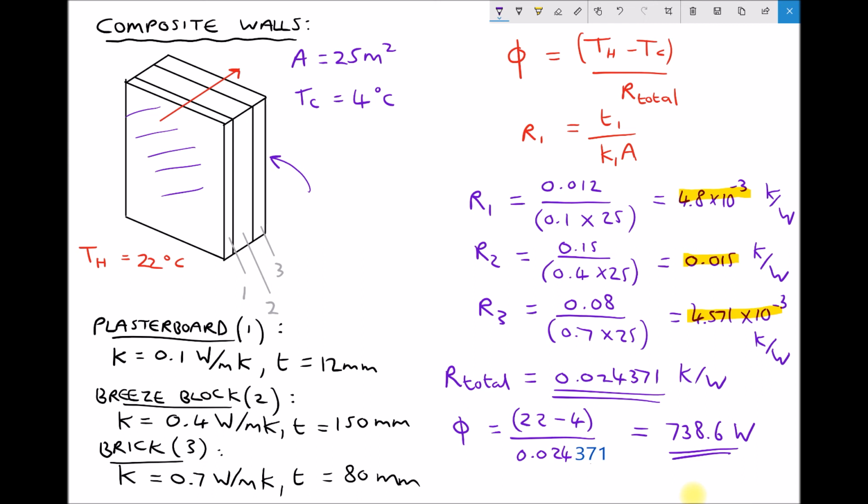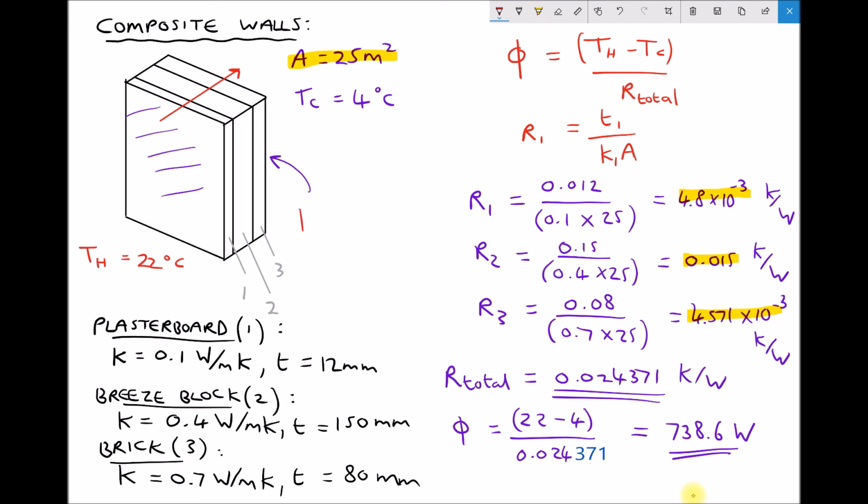If we wanted the rate of heat transfer per metre, then all we would need to do is divide through by our area. Now, the advantage of doing that is if we were then to increase the area of the wall, or consider a number of walls, then we could easily calculate the new rate of heat transfer as that area increased.